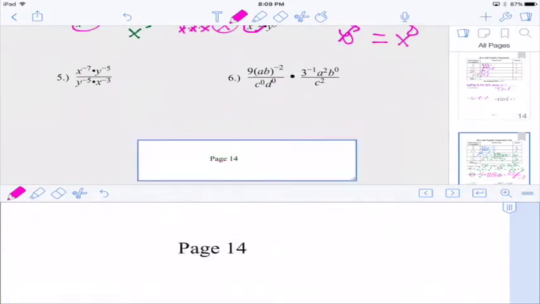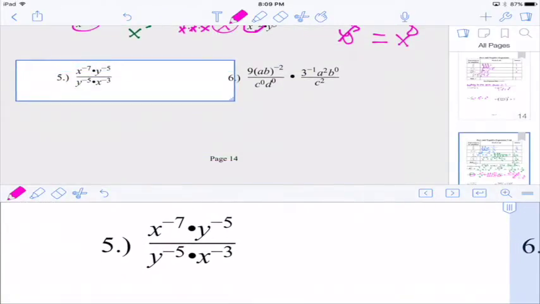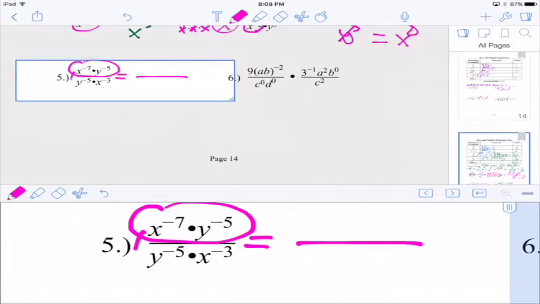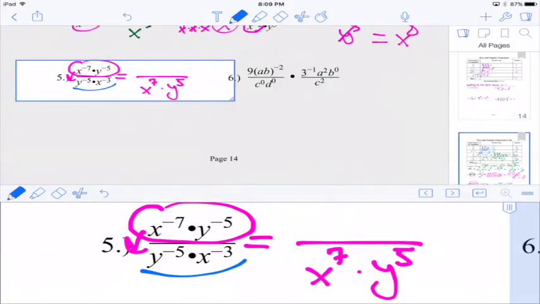Two more. All right, all those negative exponents are going to go to the other side of the fraction bar. So I'm going to bring these two down to my denominator, and I get x to the 7th times y to the 5th. Then these are going to come up to my numerator because they're both negative exponents. Y to the fifth times x cubed.